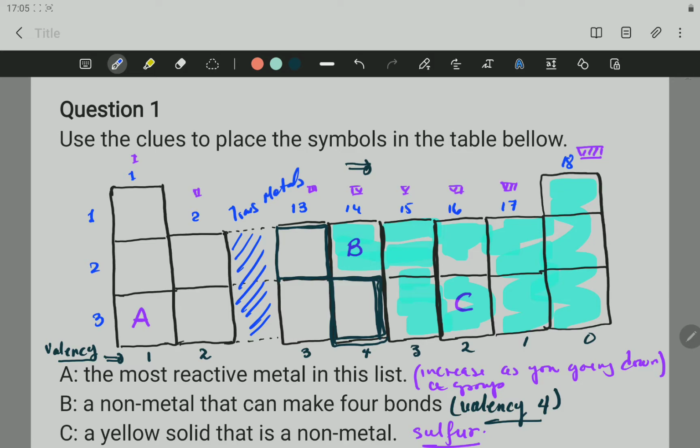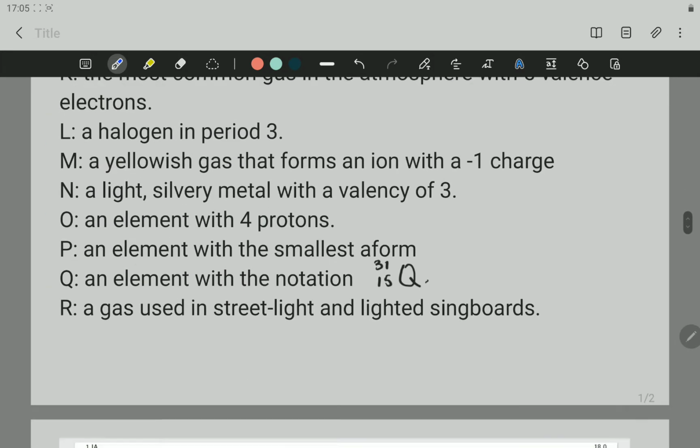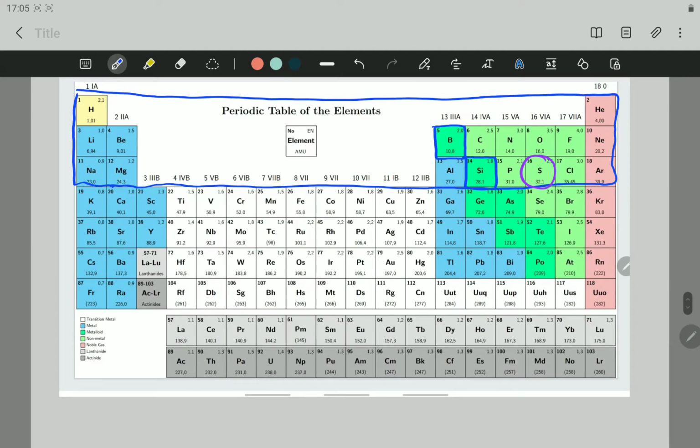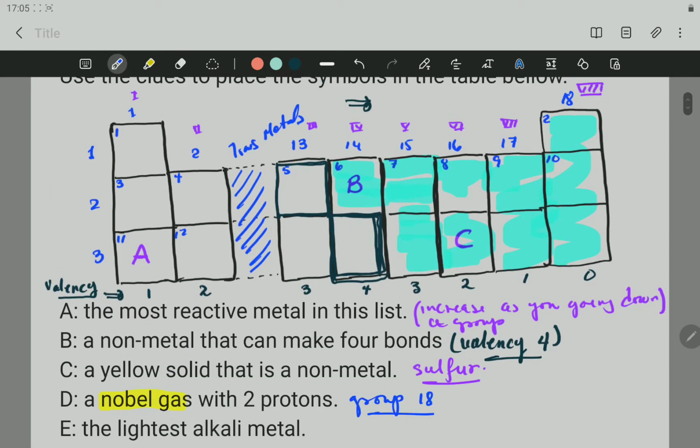However, if we start from here, remember this element is element 1, this is element 2, element 3, 4, 5, 6, 7, 8, 9, 10, 11, 12. Then you go to the periodic table, 11, 12, then 13 is the aluminum, this one here, 13, 14, 15, 16, 17, and 18.